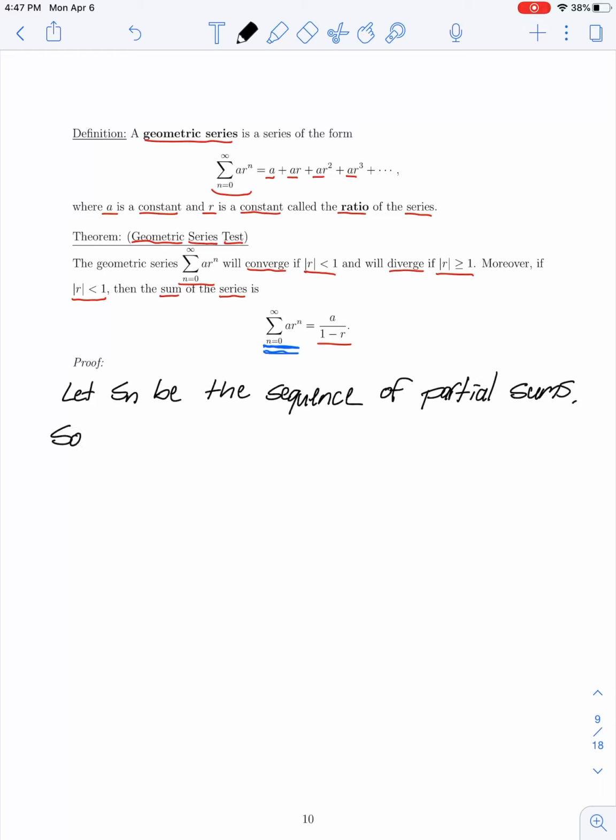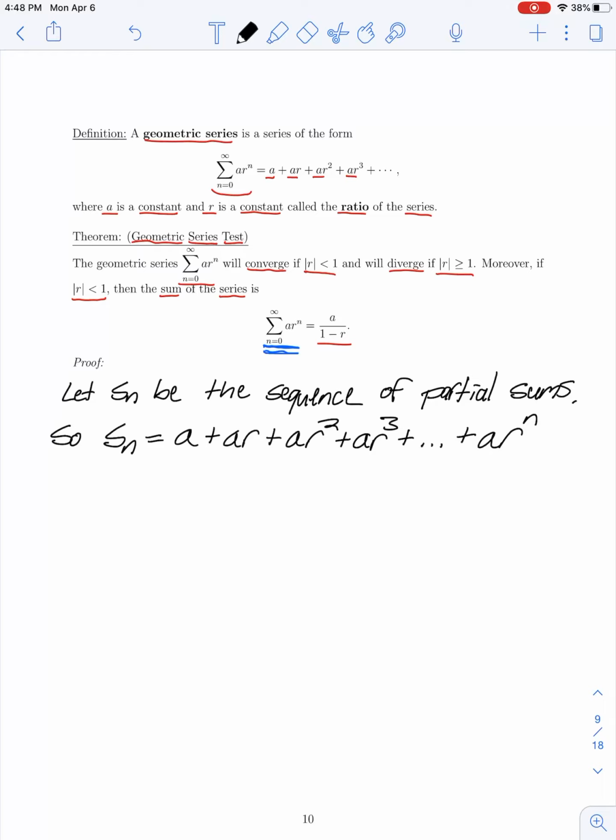If we were to write out the nth partial sum, we would have the sum of the first n terms of our series. So we would start with a plus a times r to the first plus a times r squared plus a times r cubed, and so on, until we have a times r to the nth.